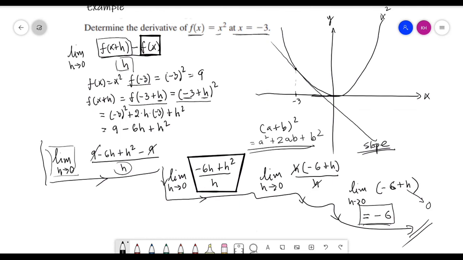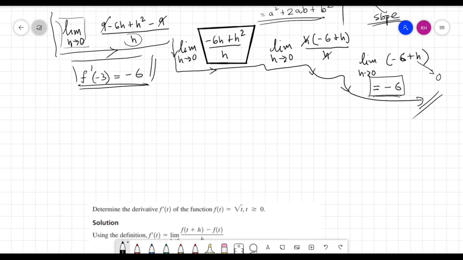Okay, so that's basically how we find the derivative. And obviously at the end we are going to use the derivative notation to show that it's -6. And you can replace this x as -3 as well. So that's it.